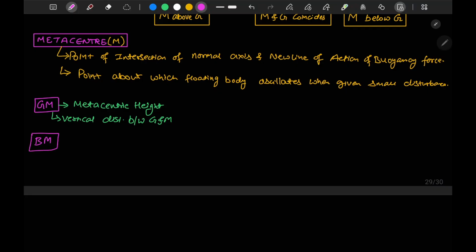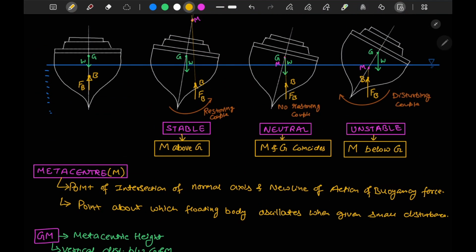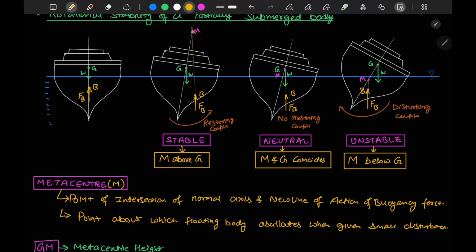Distance between B and M is your metacentric radius. So around M it will rotate, like the center of buoyancy will rotate like this, point B will oscillate like this.